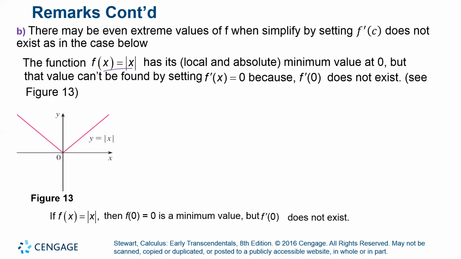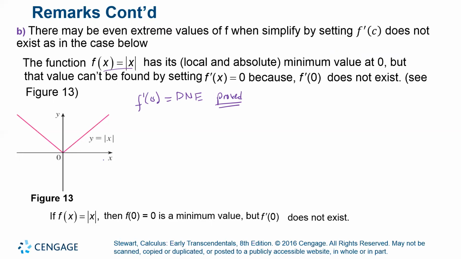We know that f prime at 0, in this case, does not exist. We proved this a while ago in chapter 2.